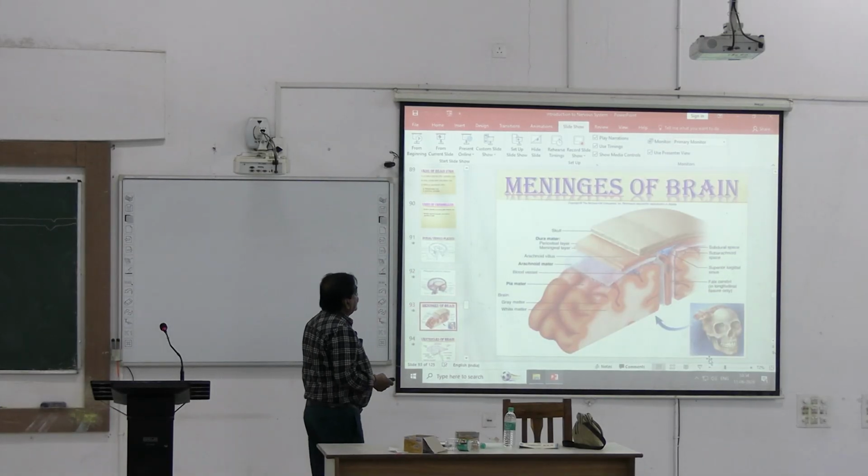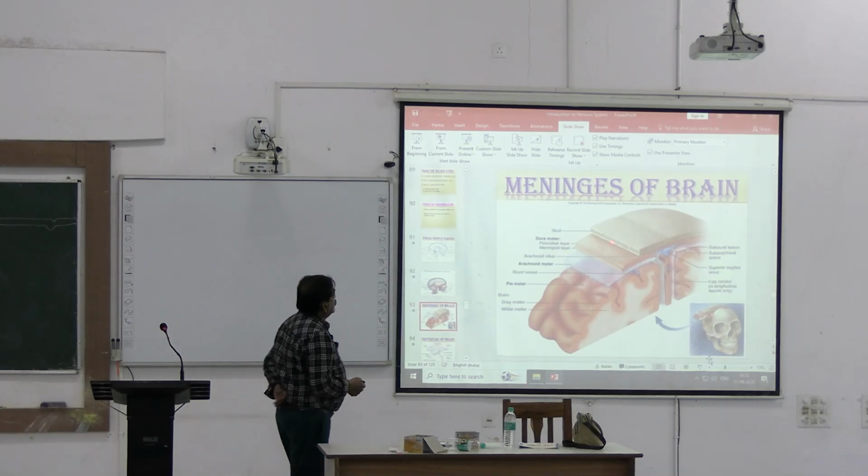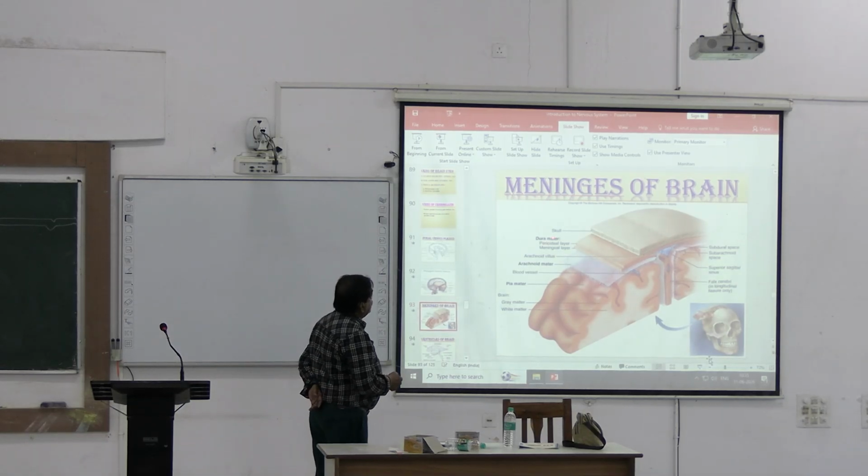Now, meninges of the brain. The skull bone, dura mater, periosteal layer and meningeal layer, arachnoid villus, arachnoid mater, blood vessels here, pia mater, brain, grey matter, and white matter.